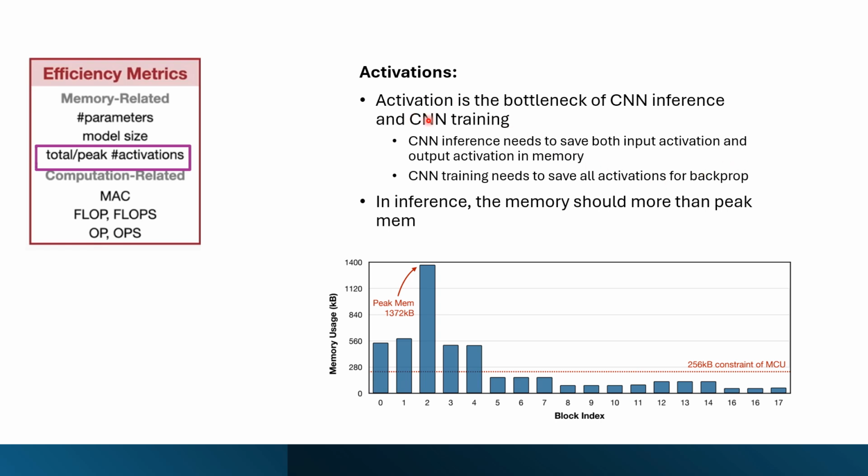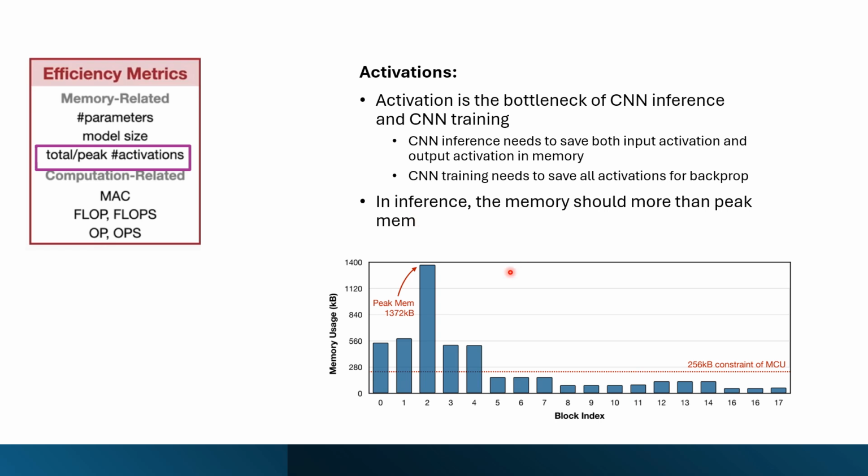And for CNN inferencing, we need to save both the input activation and the output activation in the memory because the inferencing is like a sequential operation. We need to keep the output activation in the memory as well to make it ready for the following layer.